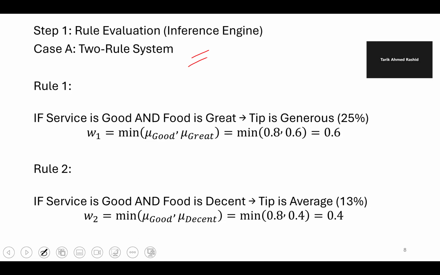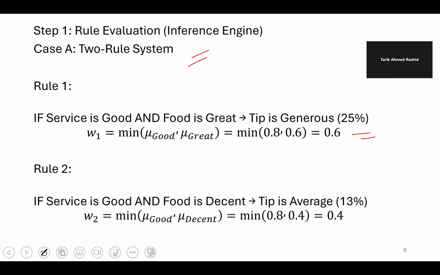Rule one: if service is good and food is great, then tip is generous, that's 25. For the service, good is 0.8. For food, great is 0.6.